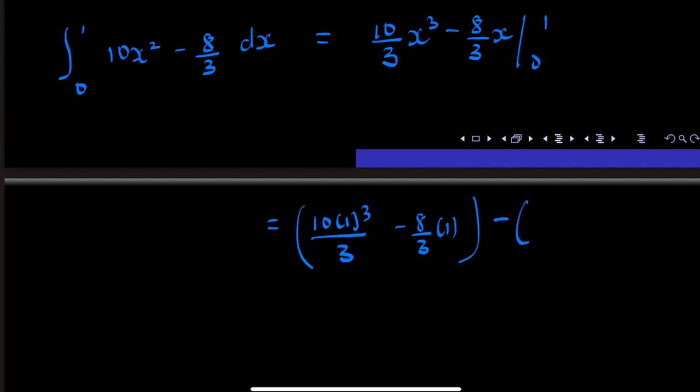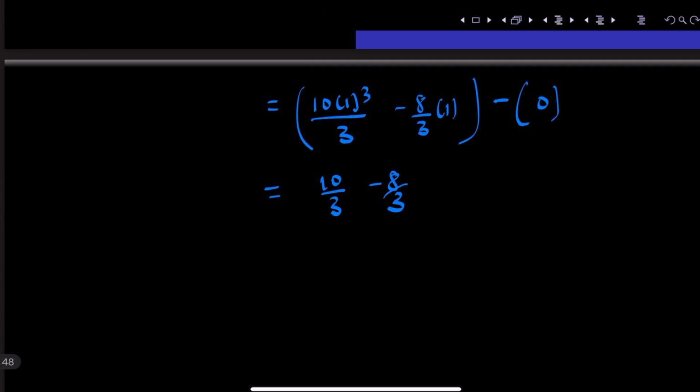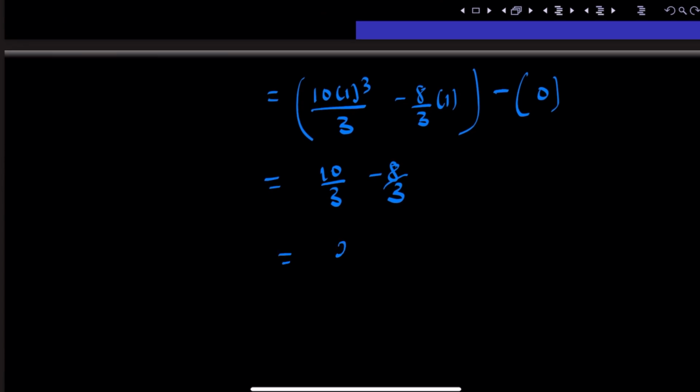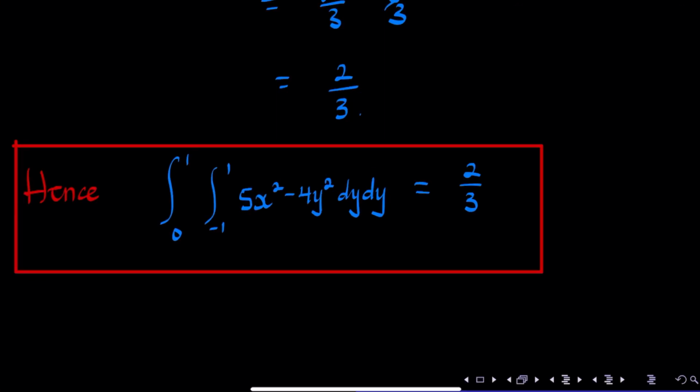Then minus that of the lower range. So that's going to give us 0. So that will be 10 on 3 minus 8 on 3. So now we have to simplify this guy. So that's going to give us 2 on 3. Hence our answer is 2 on 3.